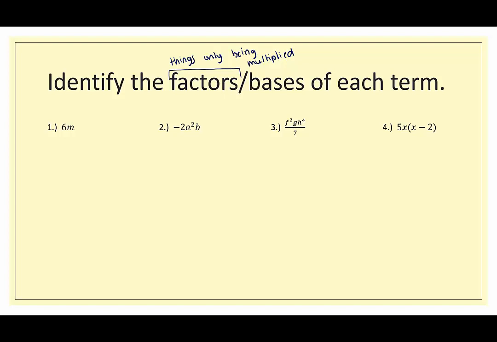So in question 1 here, the 6 and the m are the factors and they're also the bases because we don't see exponents. And just like we had our multiplicative identity of 1, the exponent identity is also 1. If you don't see an exponent, there's an invisible exponent of 1. So in question 1, the factors of this term are 6 and m, and the bases are 6 and m.